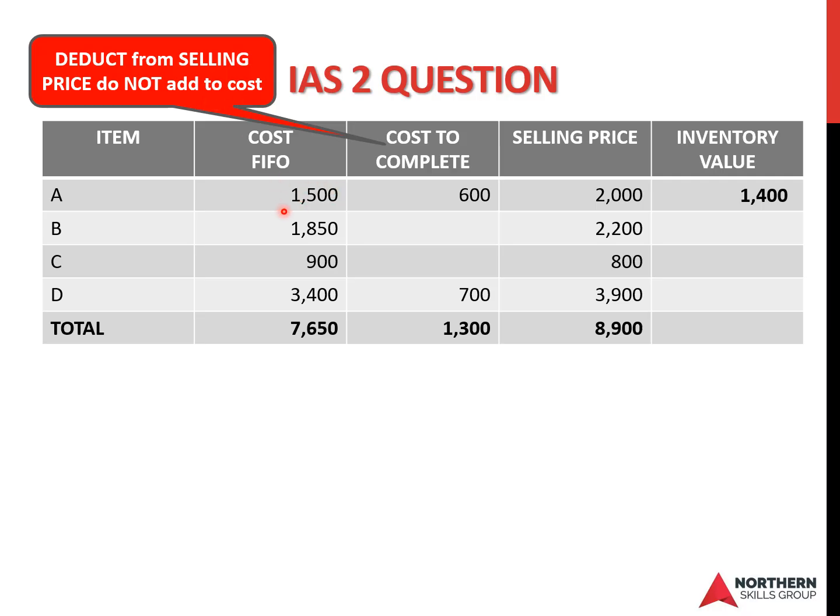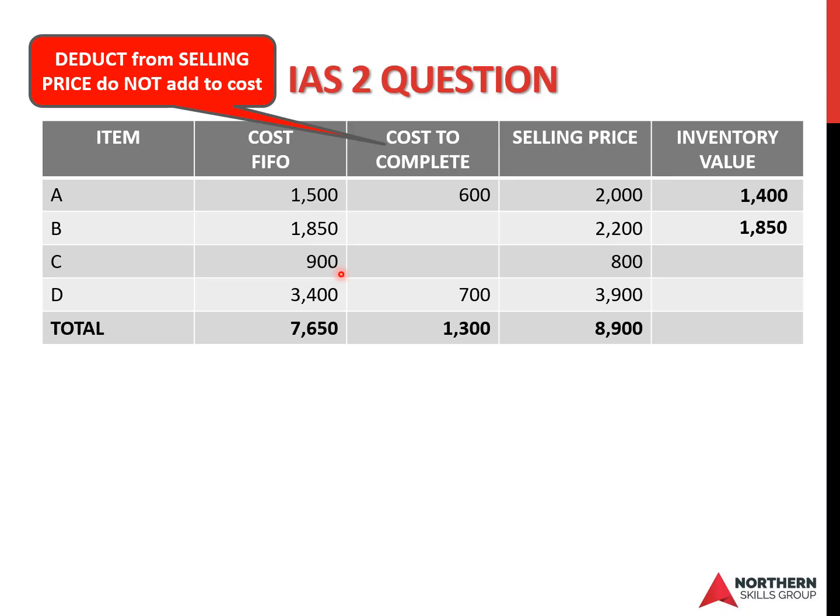They are not added to or deducted from the cost figure. The cost figure never changes. If we look at the second item, the value of 1,850 is going to be sold for 2,200, so that's okay. We can use the first in first out value.